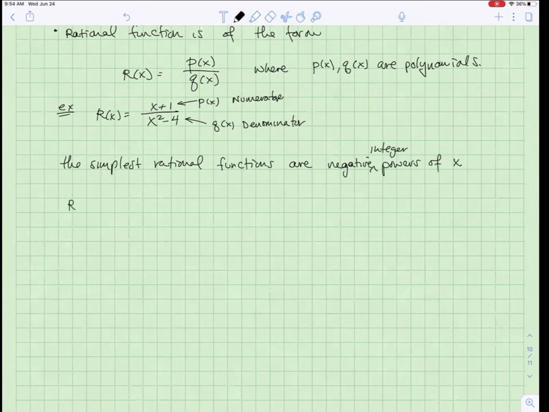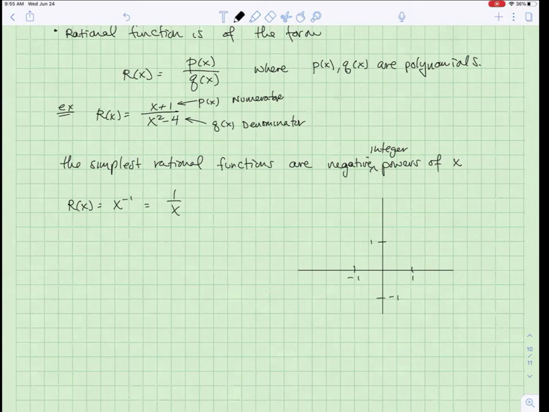So r of x equals x to the negative 1, or 1 over x. And if you've never seen that before, we'll do a little drawing of it here. See, this will be 1, 1, negative 1, negative 1.